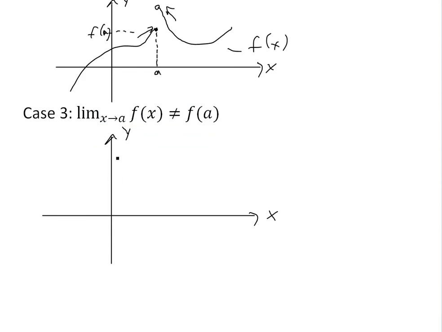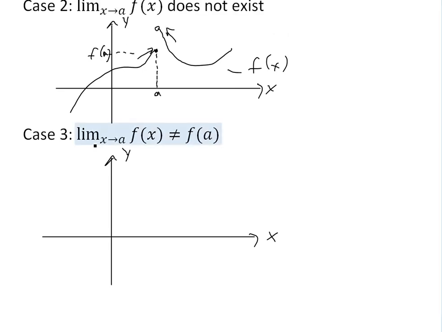Now the last case: if the limit exists and f of a is defined, which is requirements 1 and 2, but they don't equal each other, then it's not continuous. One example is something that looks like the first case, except it's defined right here.